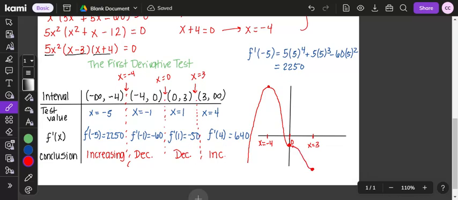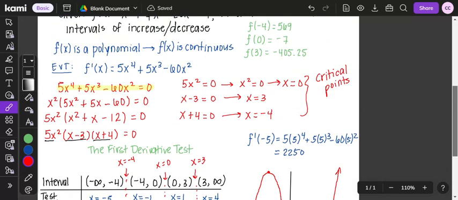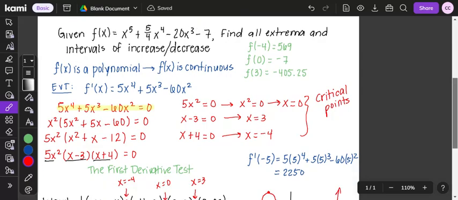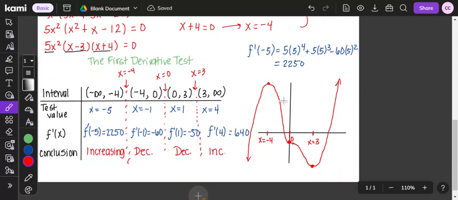And then I'm going to increase after that. So now I know if I were to graph that original function, x to the 5th plus 5/4 x to the 4th minus 20x cubed minus 7, I should get something like this, all right?